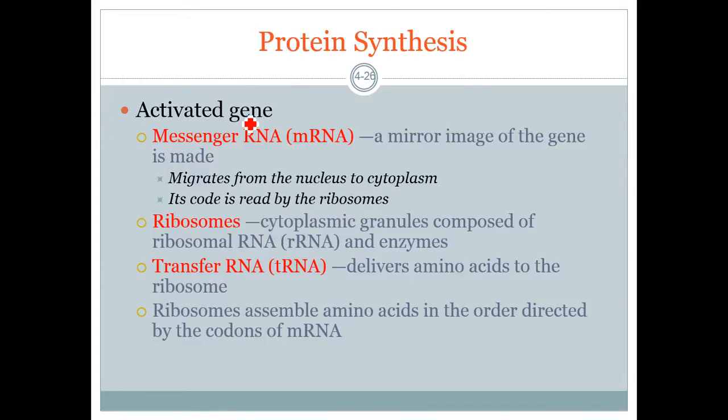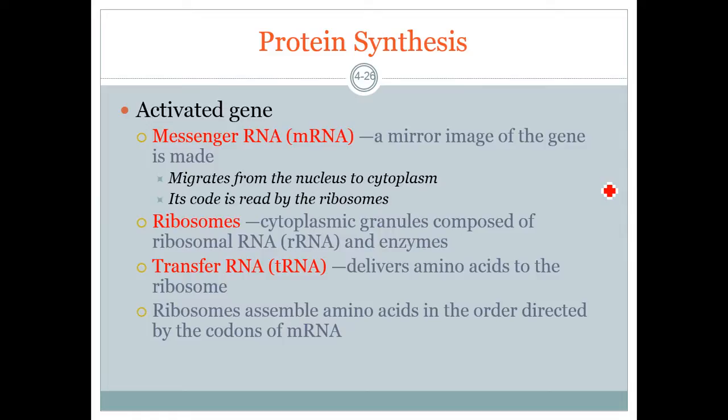So we have the activated gene, we have our messenger mRNA mirroring the gene, and it migrates from the nucleus to the cytoplasm, and its code is read by the ribosomes.